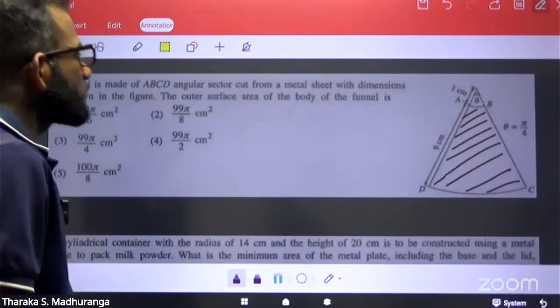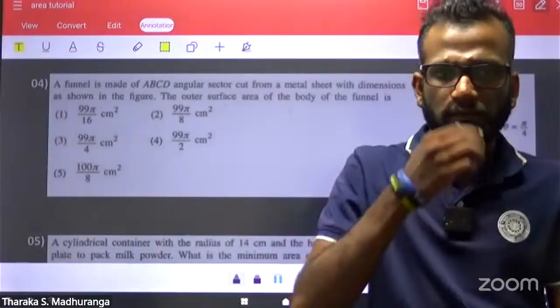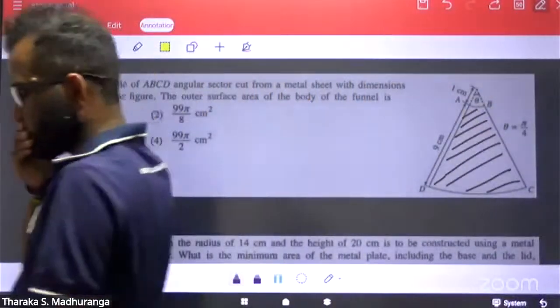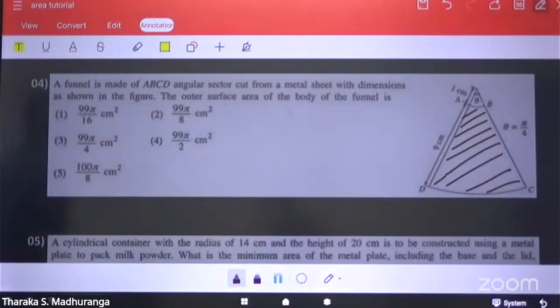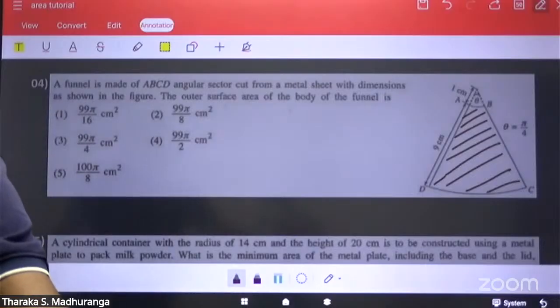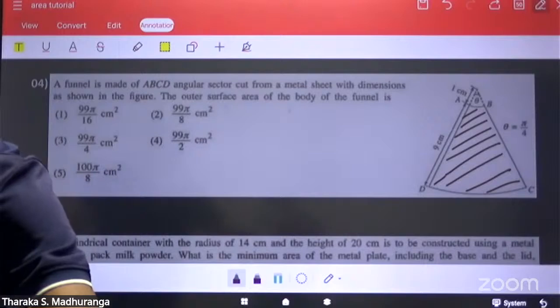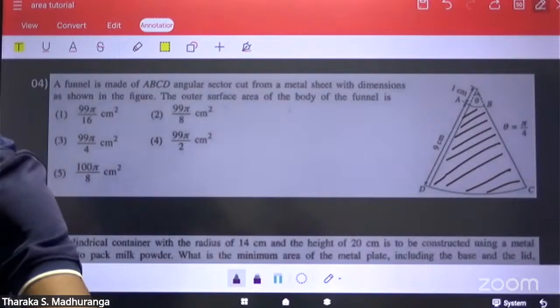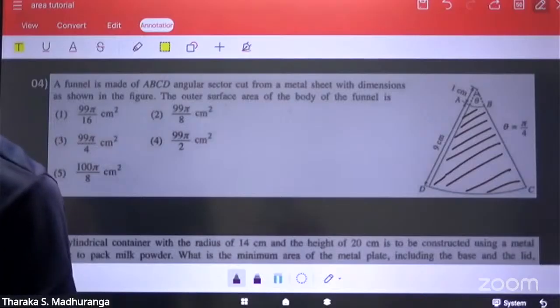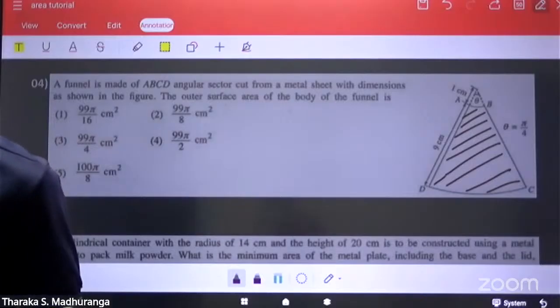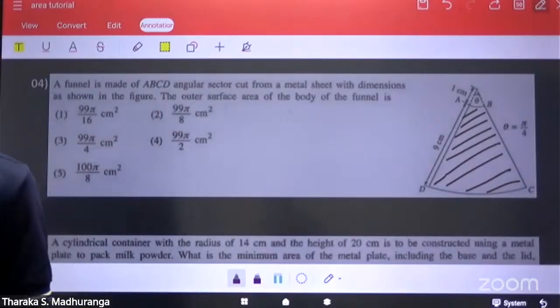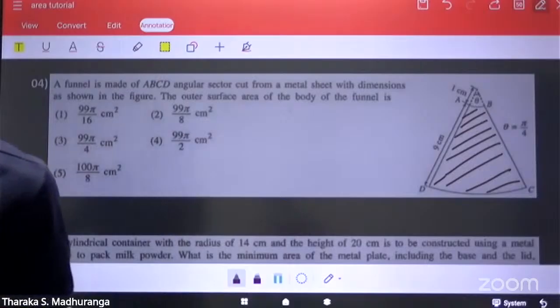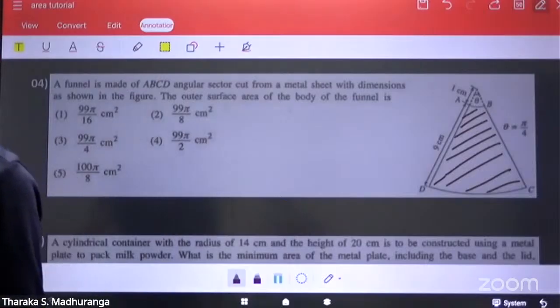Kabir, correct. Others? Correct. Dinul? Tanmya?